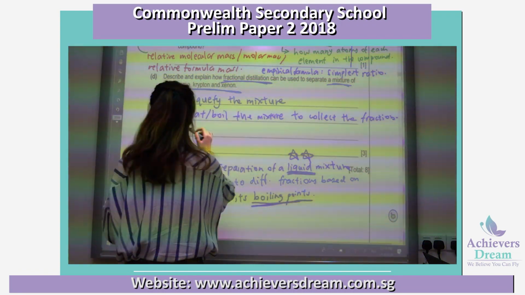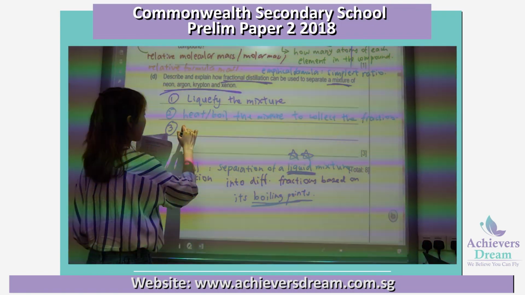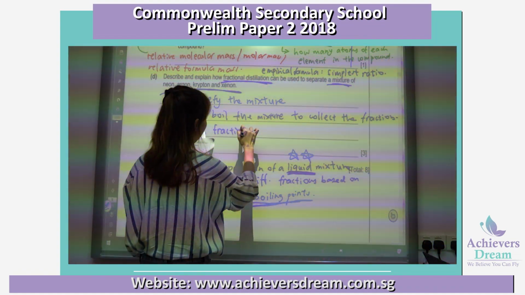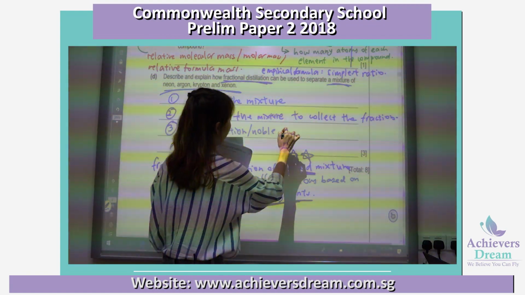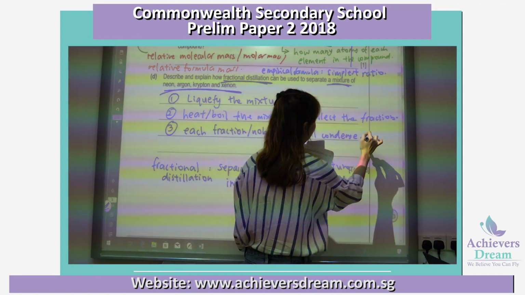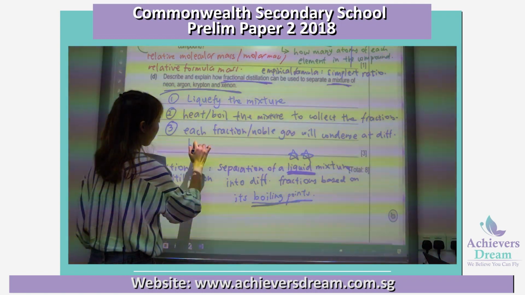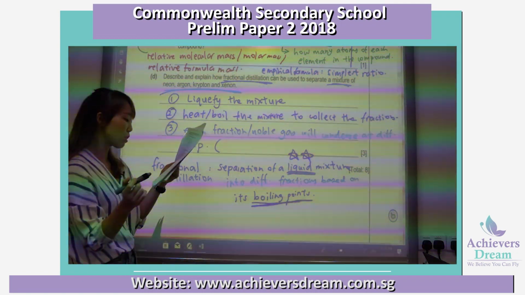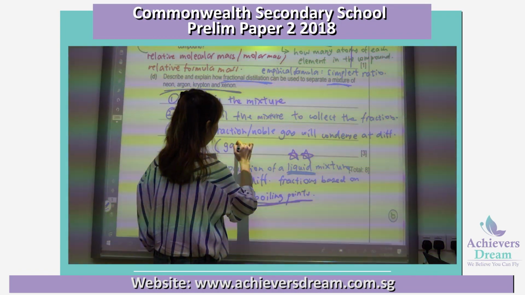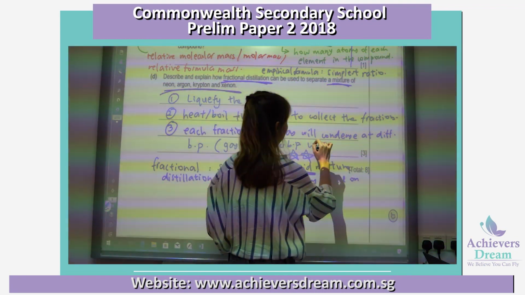Then I need to state how these different fractions are collected. It is based on the concept that each noble gas will condense at a different boiling point. The noble gas with the lower boiling point will be collected first.